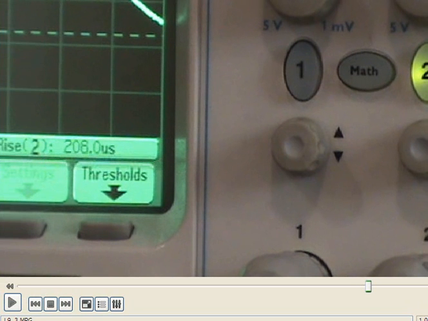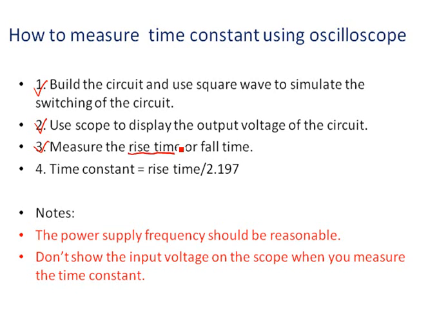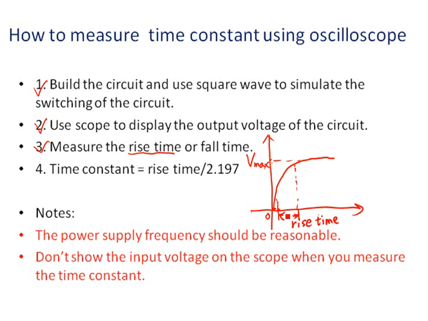Now we need to calculate the time constant based on the rise time. Let's look at the transient response of the RC circuit. So the maximum voltage, we use Vm to indicate the maximum voltage. The rise time is defined as the time when the voltage goes from 10% of the maximum amplitude to 90% of the maximum voltage.